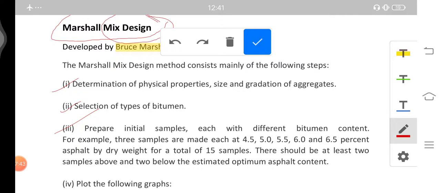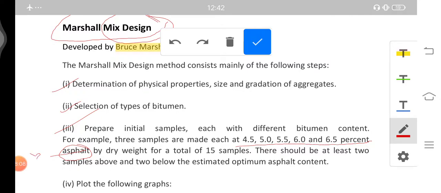After the type of bitumen is selected, prepare the initial samples, each with a different bitumen content. For example, 3 samples are made each at 4.5, 5, 5.5, 6 and 6.5 percent asphalt by dry weight, for a total of 15 samples. We can use asphalt or you can use bitumen.